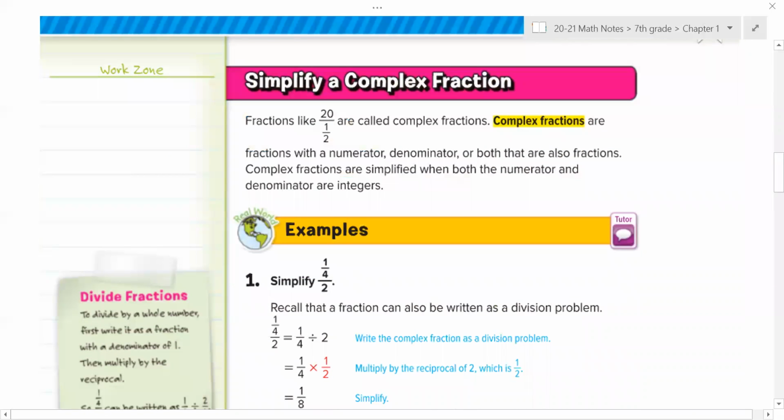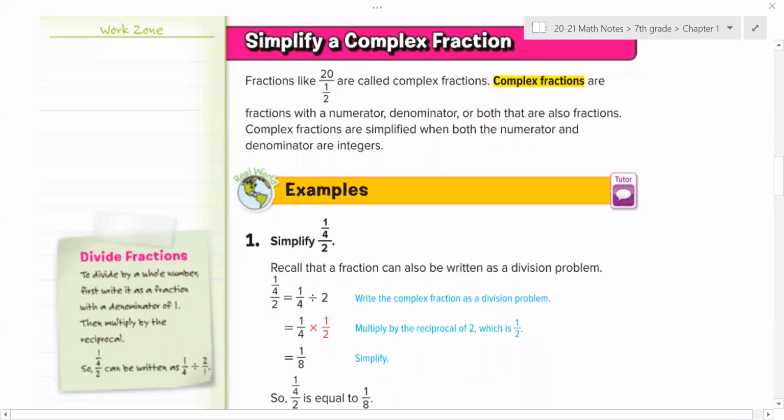Simplify a complex fraction. Fractions like 20 divided by 1/2 are complex fractions. Complex fractions are fractions with the numerator, denominator, or both that are also fractions. So it's a fraction within a fraction. Complex fractions are simplified when both the numerator and denominator are integers. And remember, integers are whole numbers, whether they are positive or negative.